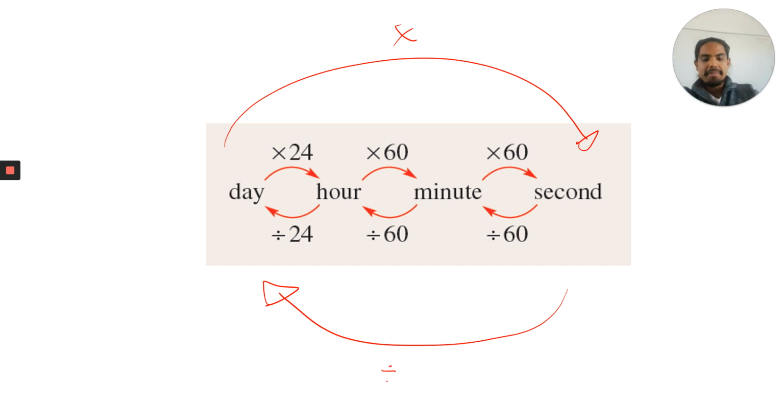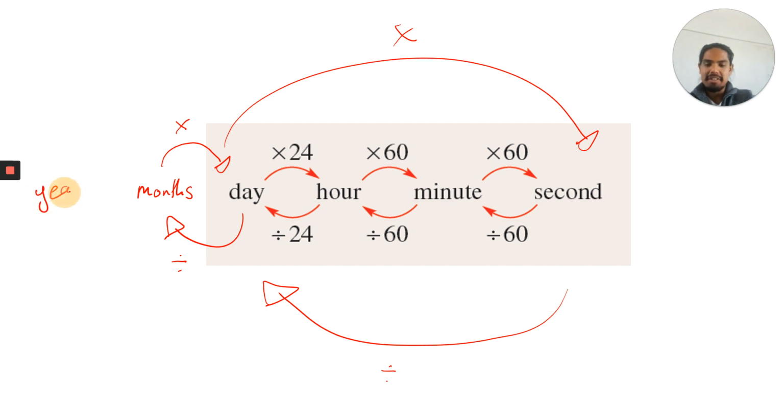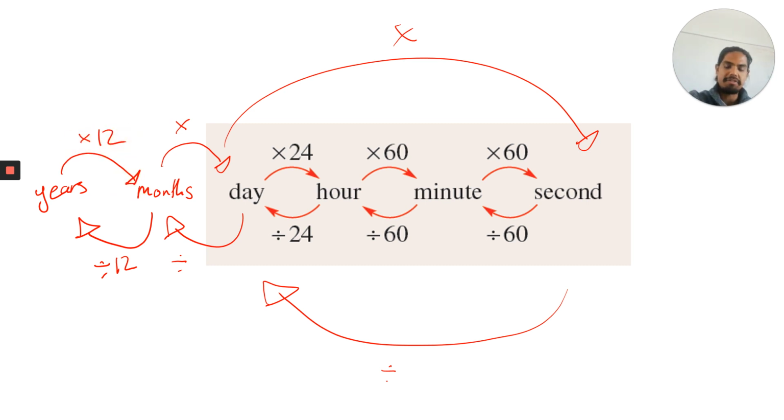So if we add months onto this, right, if we want to go from days to months, we need to divide by however many days are in that month, so that's a little bit more complicated. And to go from months to days, we need to multiply by however many days are in that month. And then if we go to years, right, we will have 12 months per year, so we divide by 12 to go from months to years, and we multiply by 12 to go from years to months.